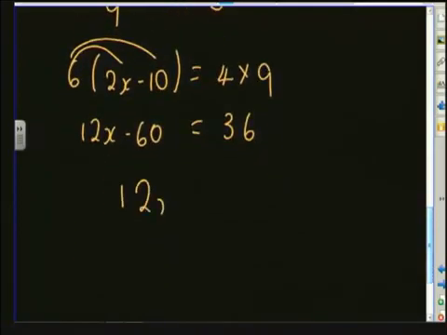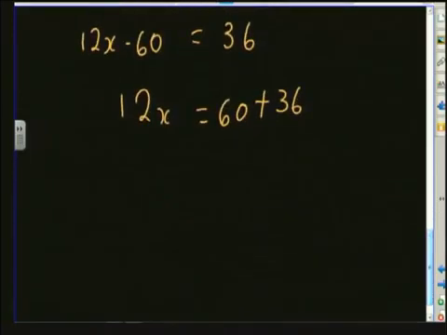Take the 60 over to the other side, so you get 12x is equal to 60 plus 36. And you will get from there 12x is equal to 96. Dividing both sides by 12, you'll get that x is equal to 8.